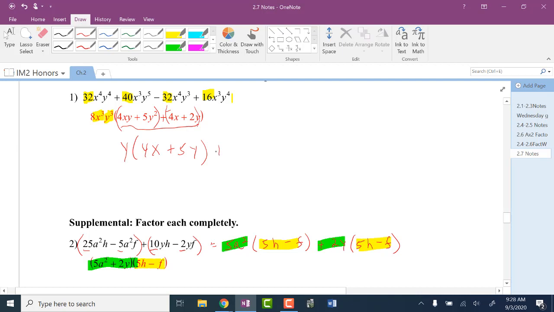And the only thing you could pull out of that is maybe a negative 2. So then this would become 2x minus y. This is why this is unfactorable by grouping. These are not equal. So there's nothing to pull out as a GCF. So what I'm saying is, just because you have 4 terms doesn't mean it factors by grouping necessarily.